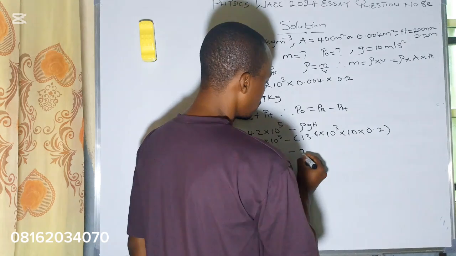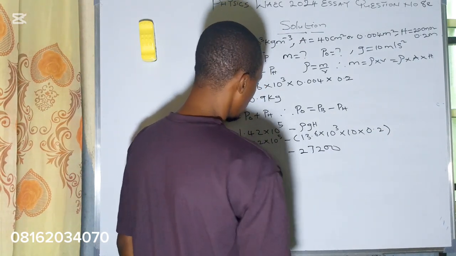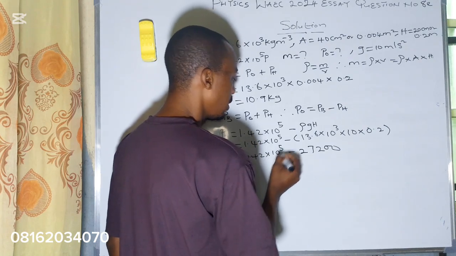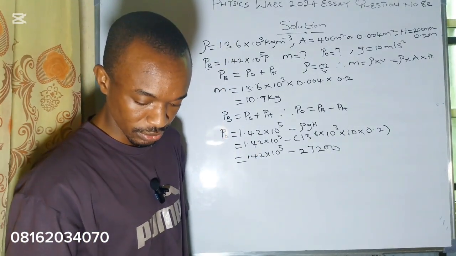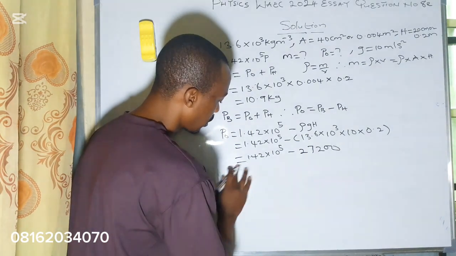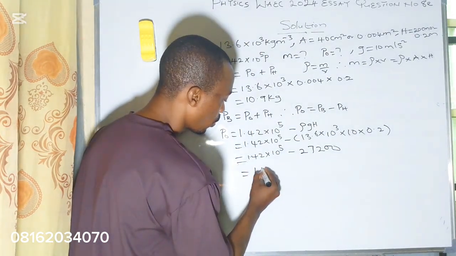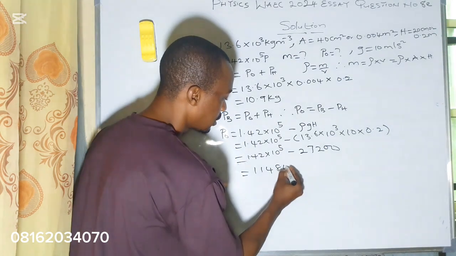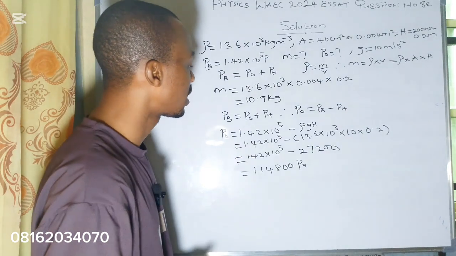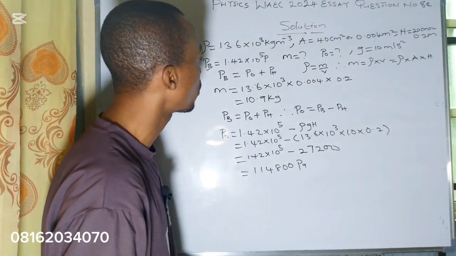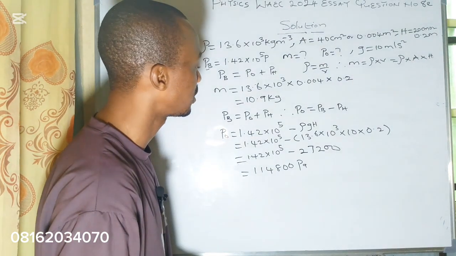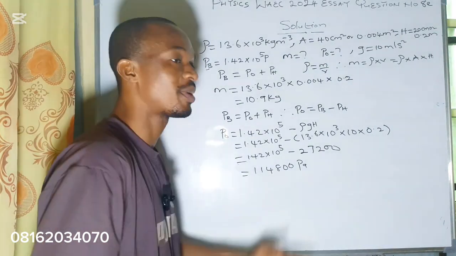So we have 1.42 times 10 raised to the power of 5 minus 27,200, which gives about 114,800 Pascal. Your answer can be in Pascal or in Newton per meter square. Pressure is actually the force acting per unit area.